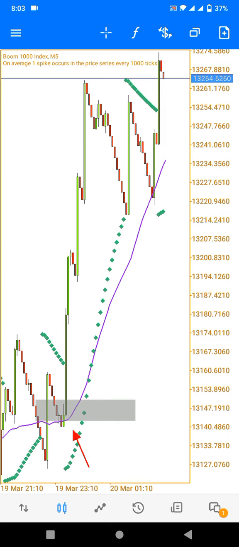Look here, from the downside of a candle and upward. And the parabolics are also showing the upward movement. Okay, it's time to go for a buy trade.